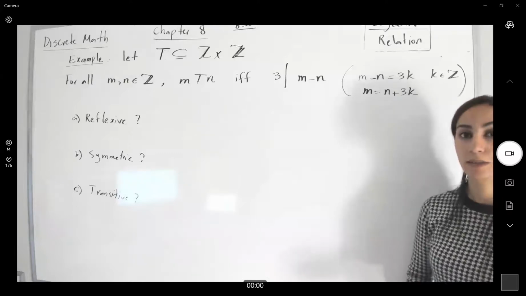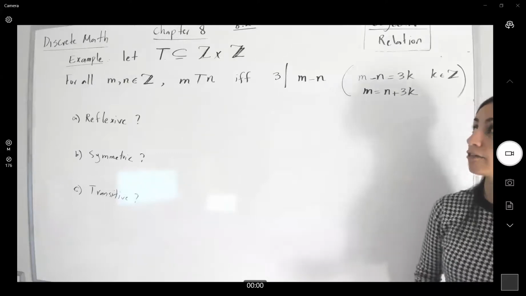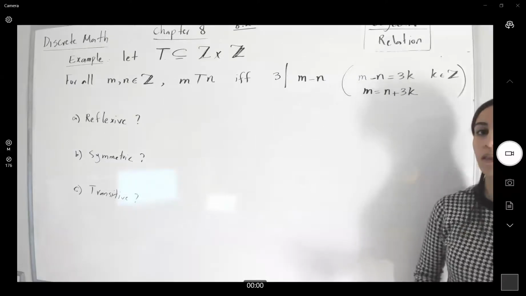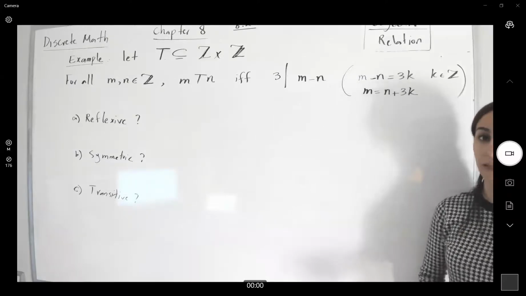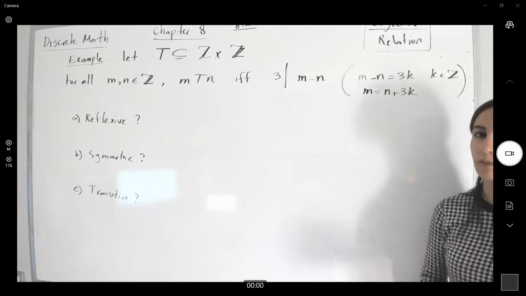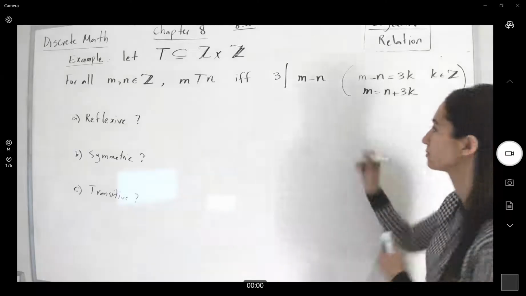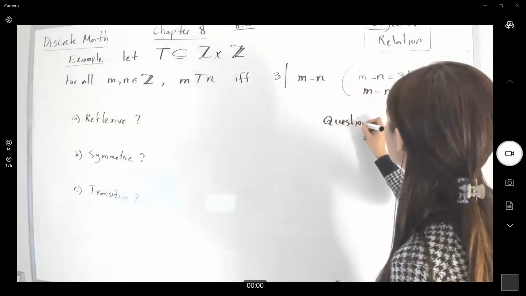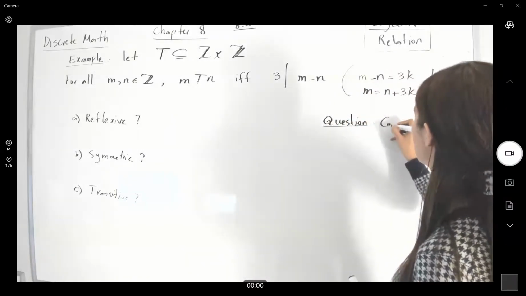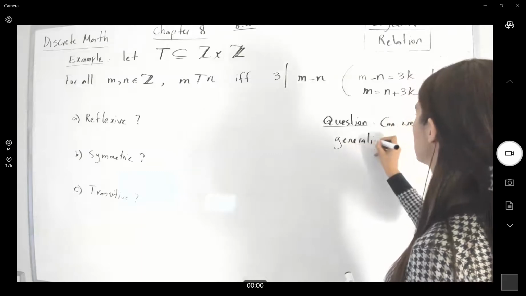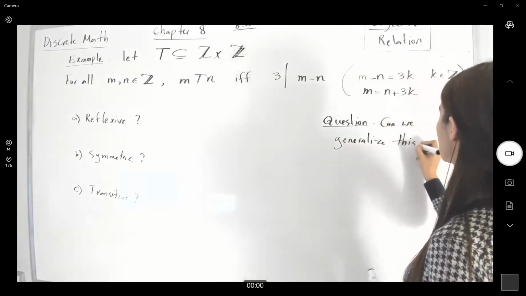M is in relation with N if and only if an integer L divides M minus N. Is it transitive? Is it reflexive? Is it symmetric? Which one is that? So another question for you: can we generalize this relation?